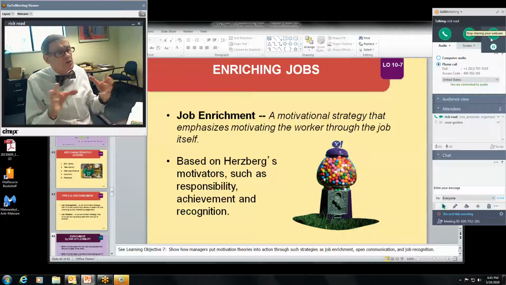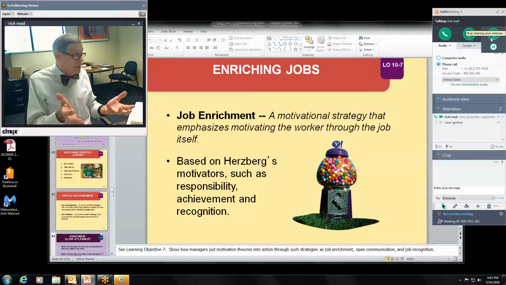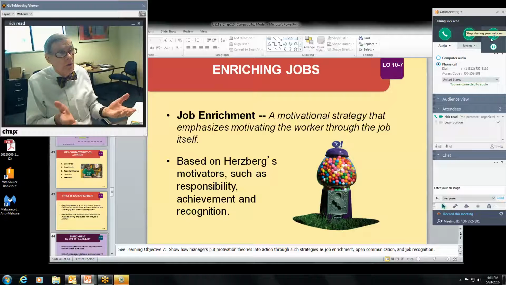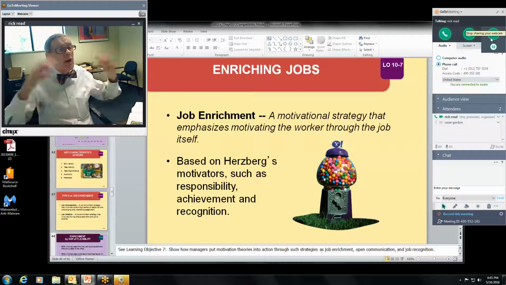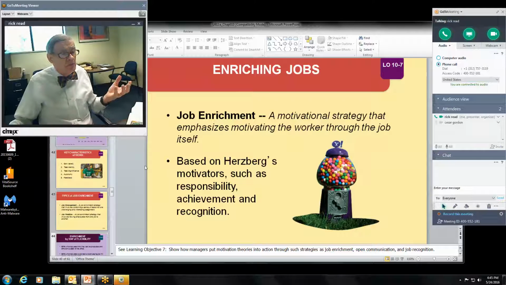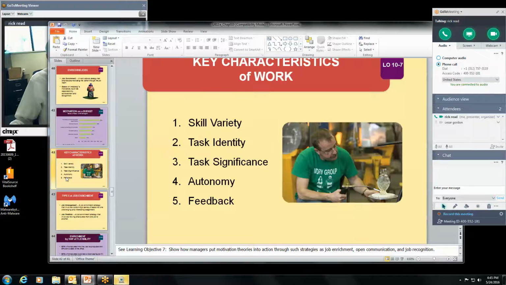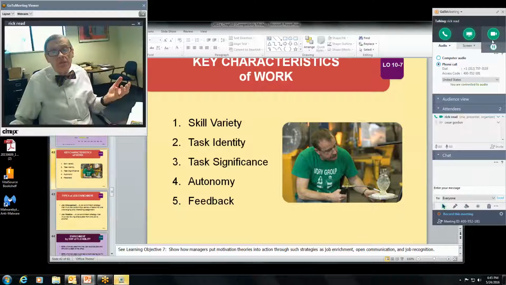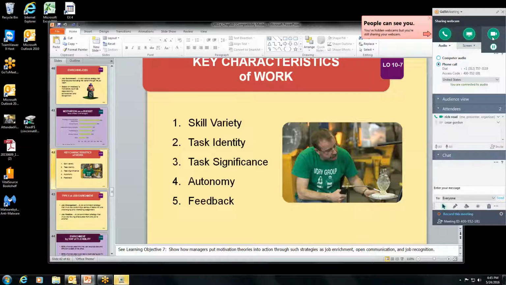Notice that this is called a motivational strategy. I think it's just plain smart. You're giving the individual some variety in what he or she does. Let's look at the next slide here. They can really identify with what they're doing, that what they're doing is significant.